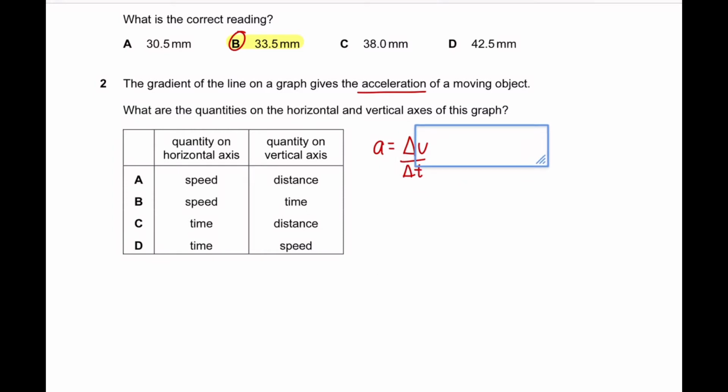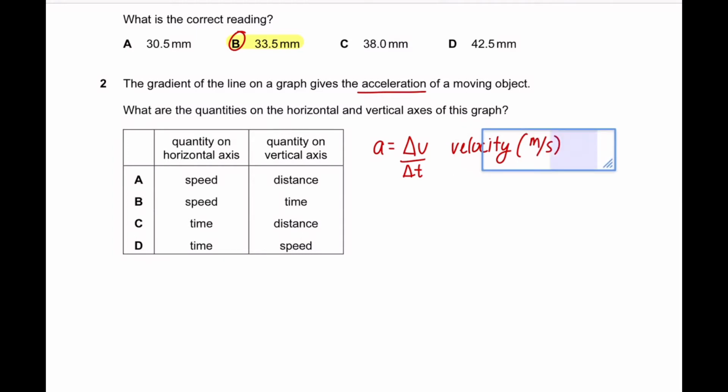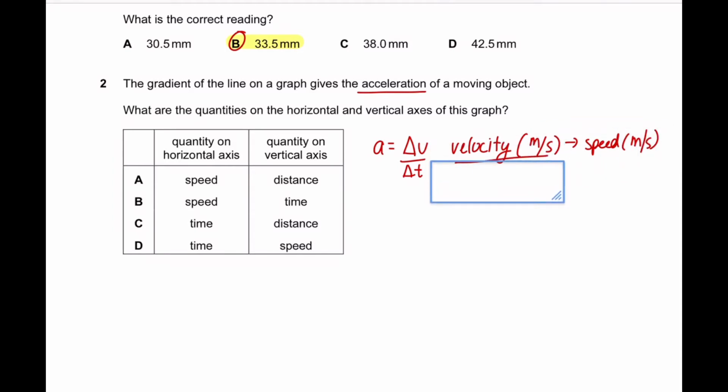In this case, velocity here, the units are meter per second. But in the scalar form, it is speed, which also has the same unit as velocity. Whereas time is just seconds.